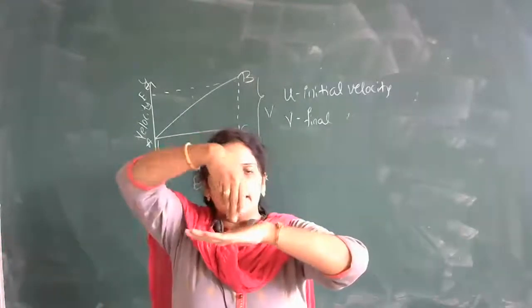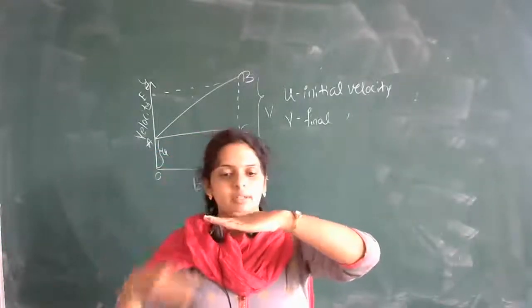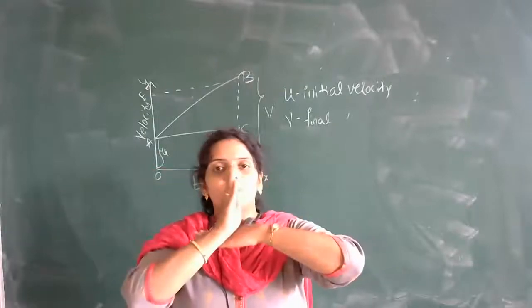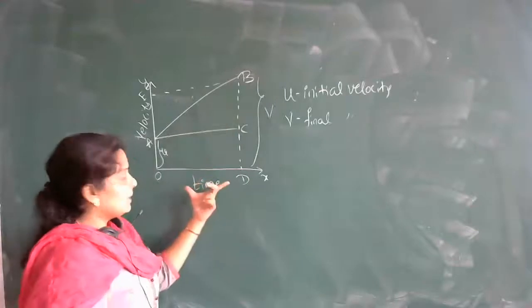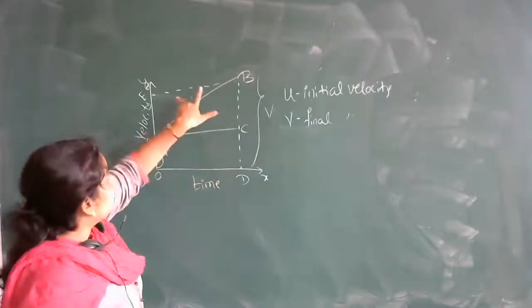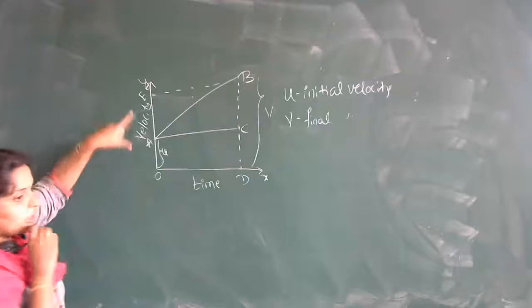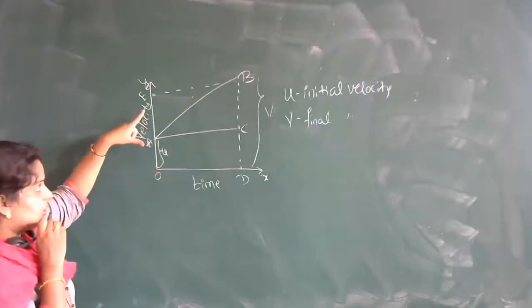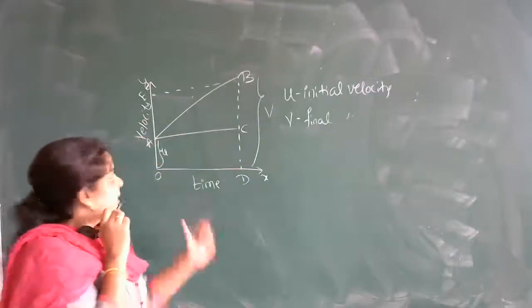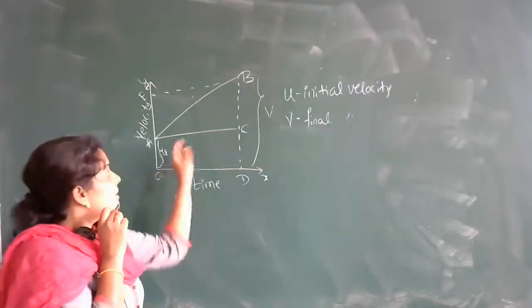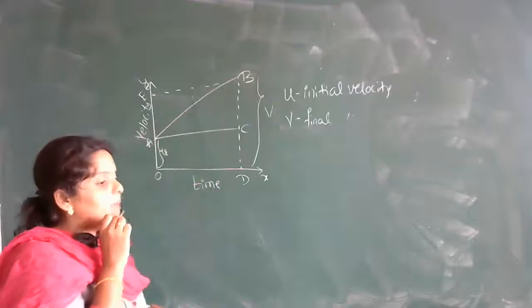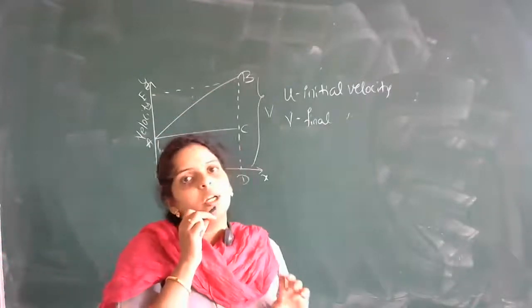Here this is your x-axis, and you are drawing BD perpendicular. BD is perpendicular to the x-axis, then BE is perpendicular to the y-axis. Then AC is perpendicular to BD.